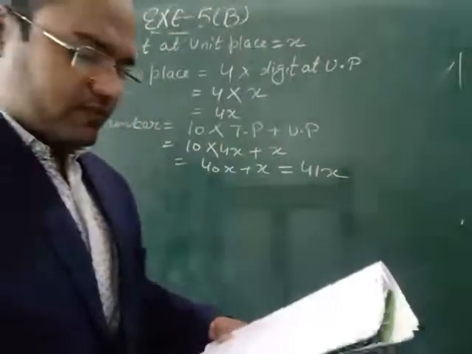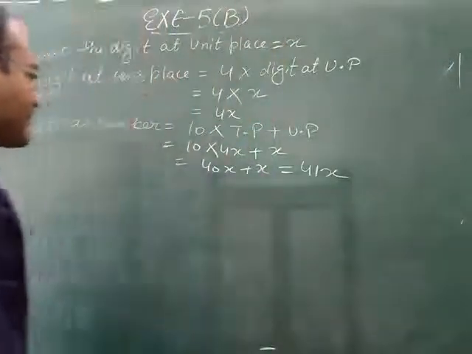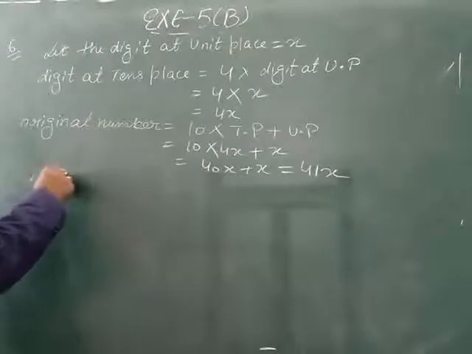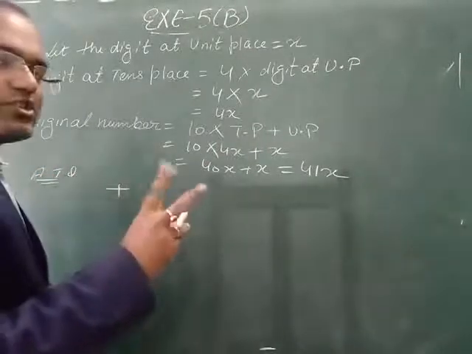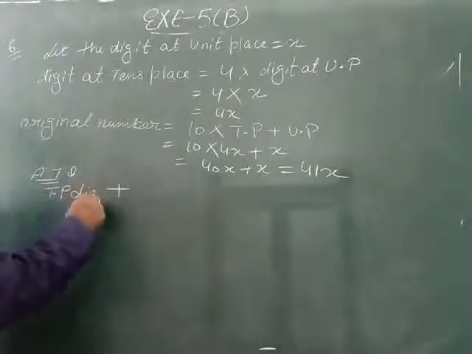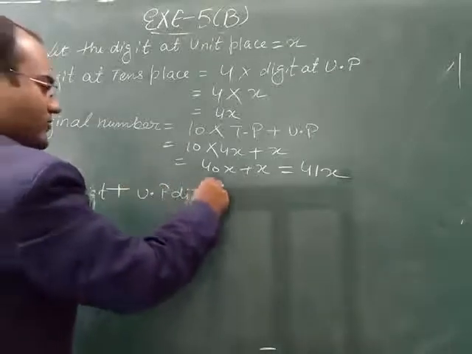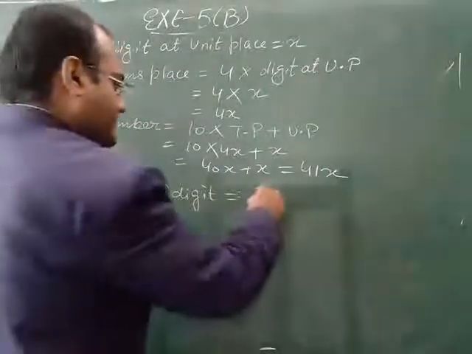Now in the question what is said? If the sum of the digits is 10. Sum of digits according to question. Sum means plus. Sum of the digits. 2 digits we are having, tens place digit and unit place digit. Sum of these two is 10.